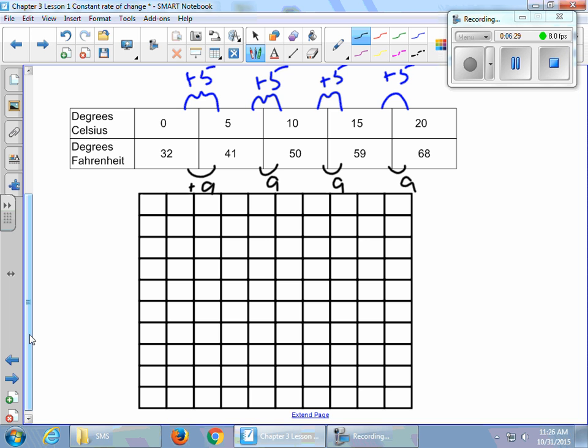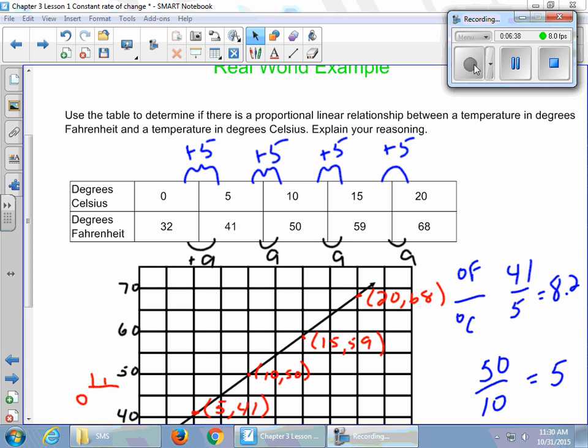So all of our changes are constant, so we have a constant rate of change in degrees Celsius as well as Fahrenheit. Since the rate of change is constant in both, this is a linear relationship, and it will appear on a straight line. But now let's see if they are proportional.